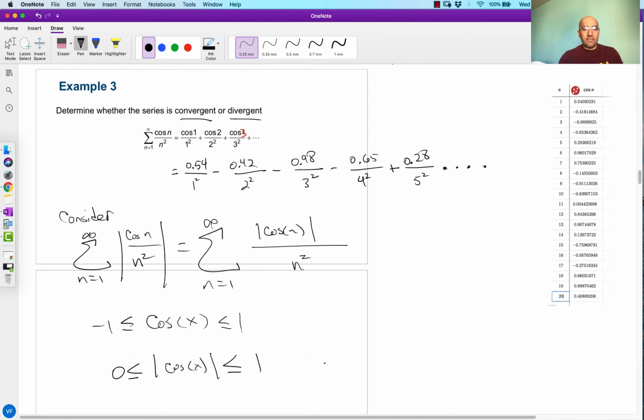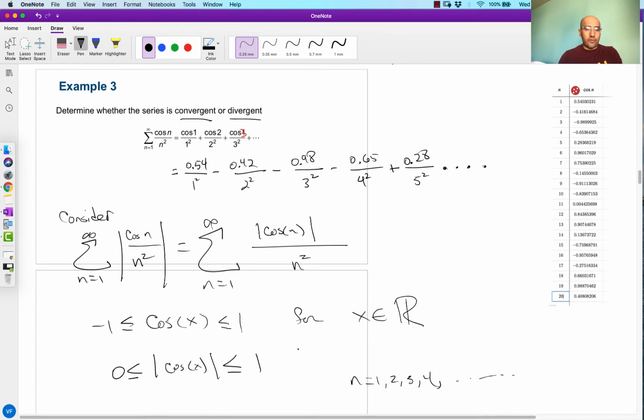More specifically, it's less than or equal to 1. This is where x is any real number, for all values in the domain of cosine. For x being a member of the real numbers, this is true. But more specifically, here we have n equals 1 or 2 or 3 or 4, and so on. That's just a subset of these.